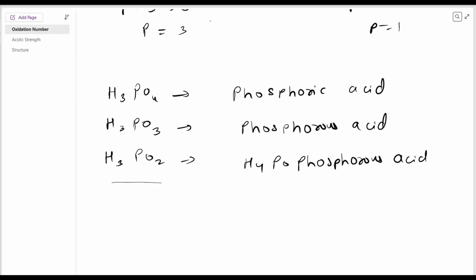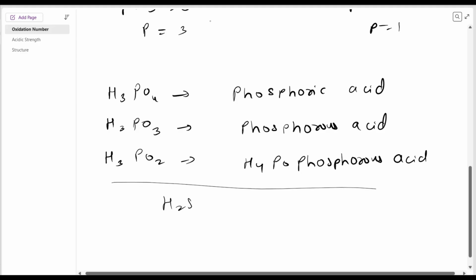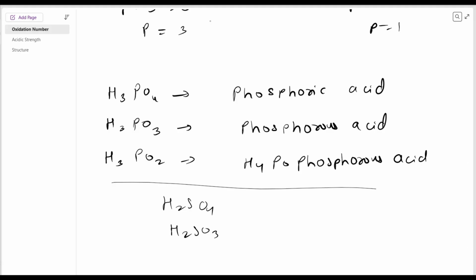This nomenclature, this particular naming system, is applicable in all scenarios. For example, H2SO4 is sulfuric acid, so H2SO3 will be sulfurous acid.